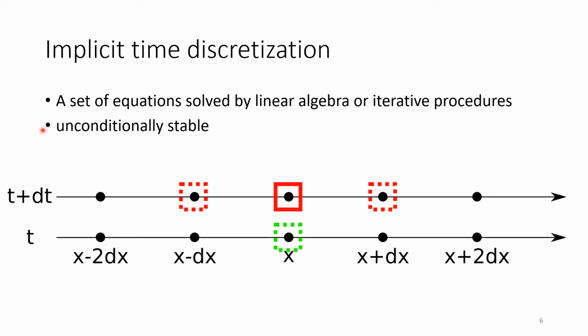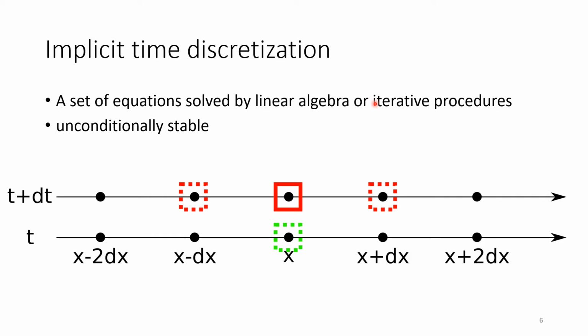It has some benefits regarding stability because implicit time schemes are unconditionally stable. Explicit time steps have stability criteria. We'll talk about this in a second. But this is the big benefit of implicit time discretization. But you will see, because you have several more unknowns which are linked to each other, usually the numerical computation is more demanding.